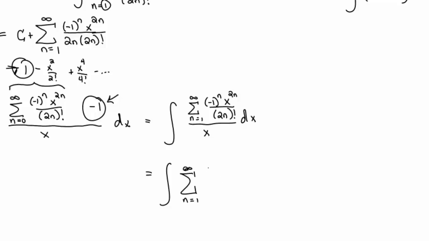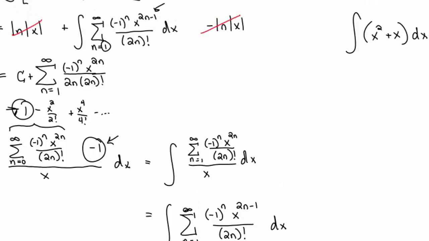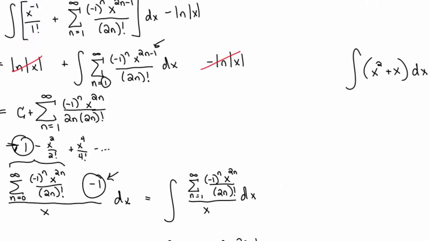Let me clean this up a little bit. (-1)^n x^(2n-1) over 2n factorial dx. And this is going to be the same integral that we ran just a second ago. So let me scroll up to show you. It is actually, let me highlight it, this integral right here. It's the exact same integral.